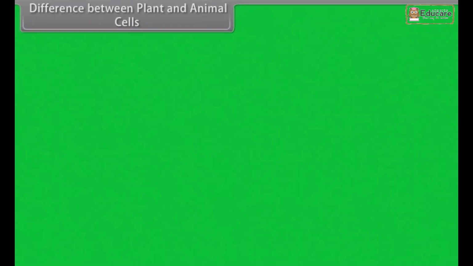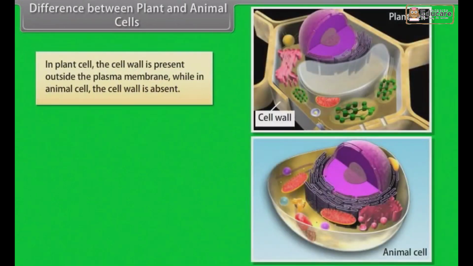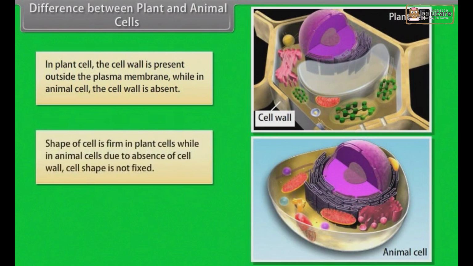Difference between plant and animal cells. In plant cell, the cell wall is present outside the plasma membrane, while in animal cell, the cell wall is absent. Shape of cell is firm in plant cells, while in animal cells, due to absence of cell wall, cell shape is not fixed.